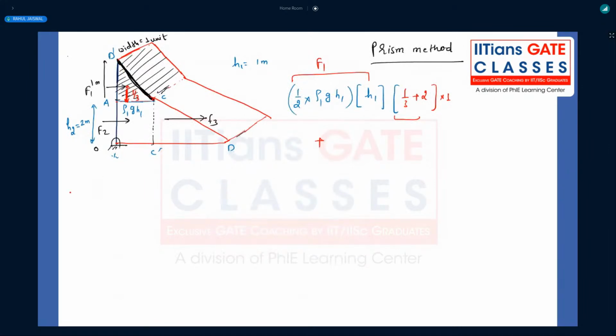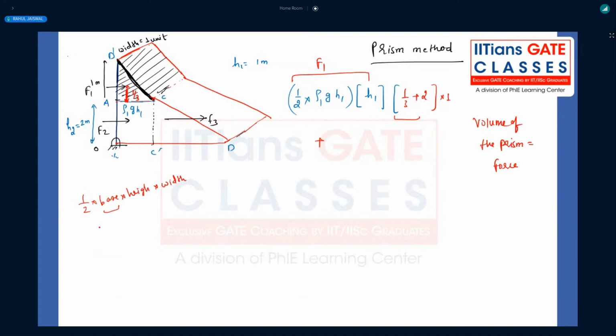Now, some of you might not believe that it is in kilonewton, or that the volume of the prism will directly give me the force. Now, some of you might be thinking, sir, how? So I told you, right? Half of base into height, we are writing base into height into width, right?